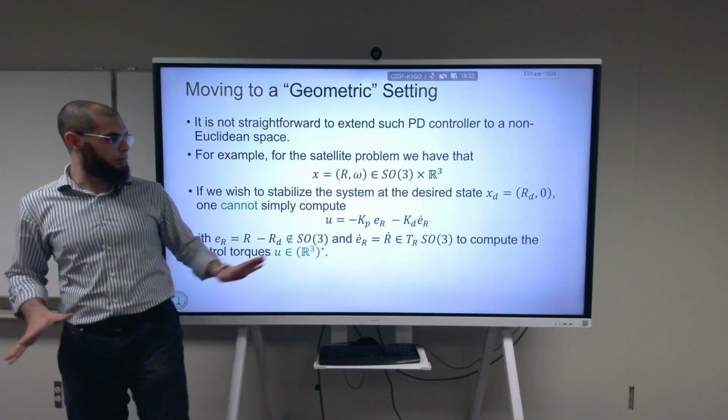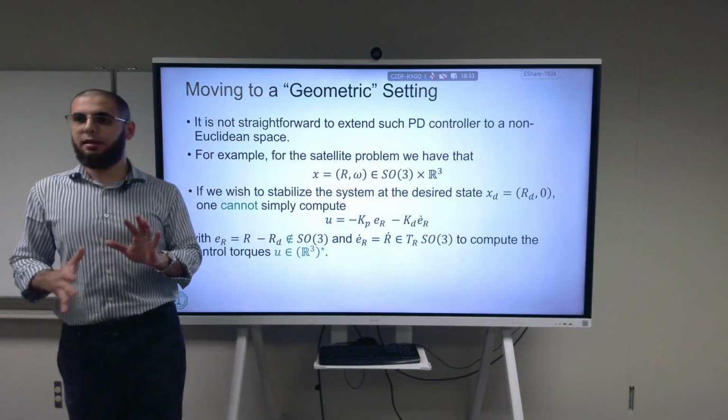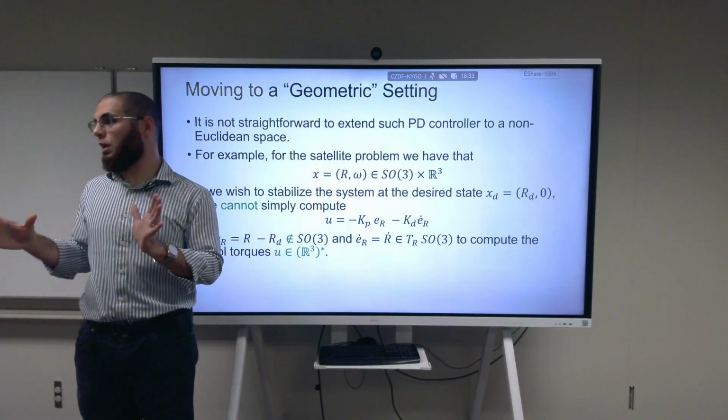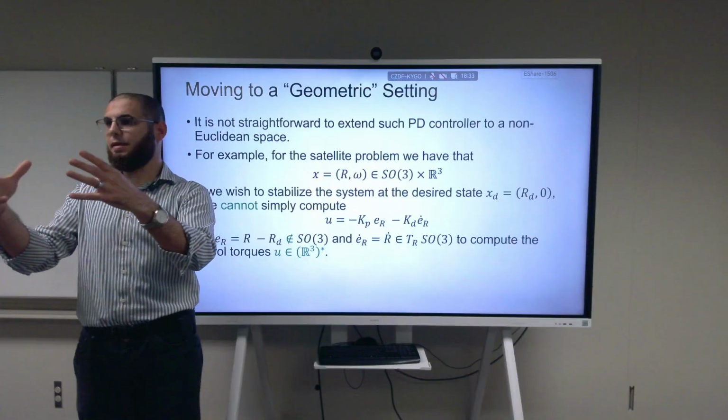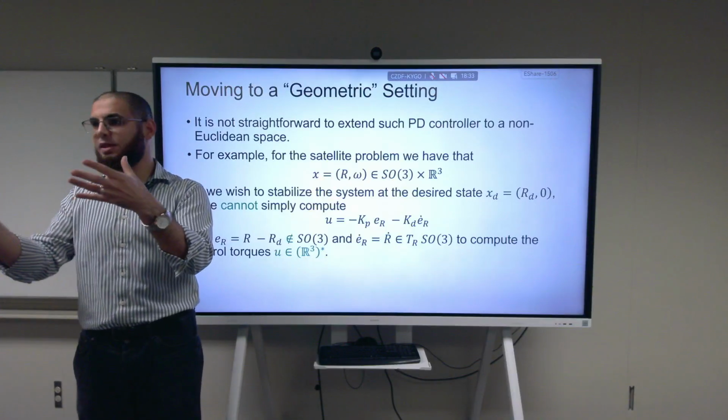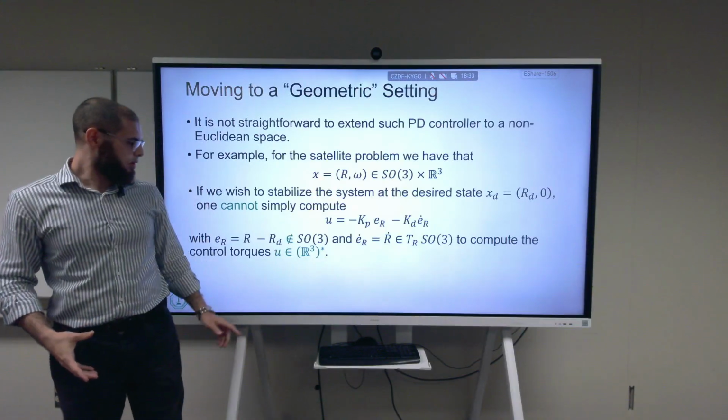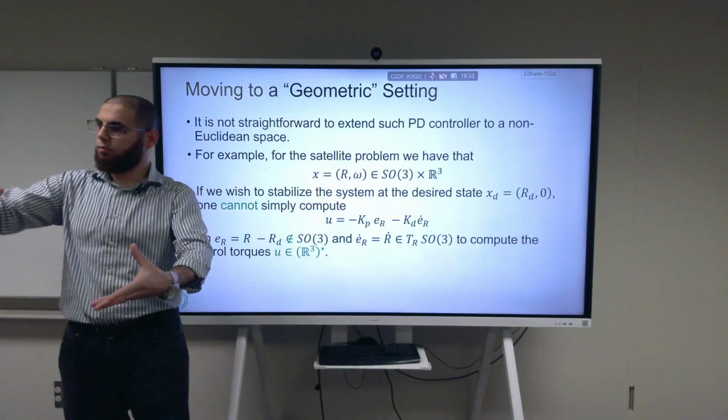So how do we go from the R? The same elements are exactly what we're going to be using. We do have an actual R that the system has, that we maybe measure with some sensor, and we have an R desired that we want to go to.